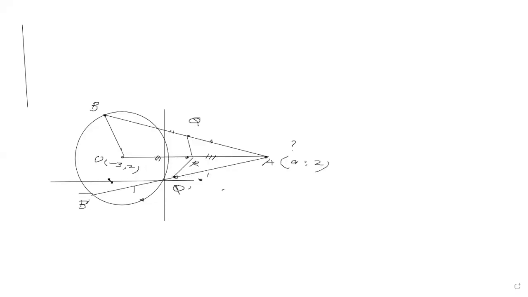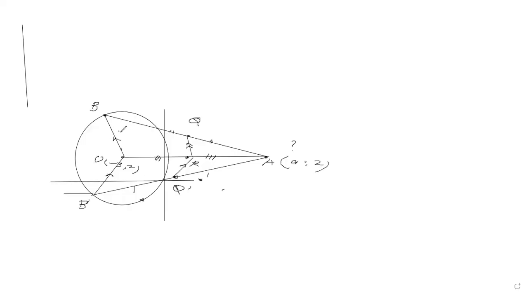is going to be parallel to that. So this QR is going to be parallel to this line. And this line here is parallel to this. This is by the midpoint theorem. But more importantly, QR is equal to half of this.